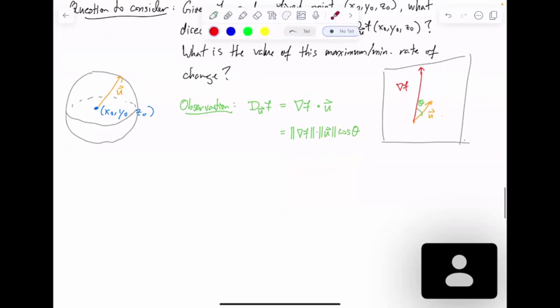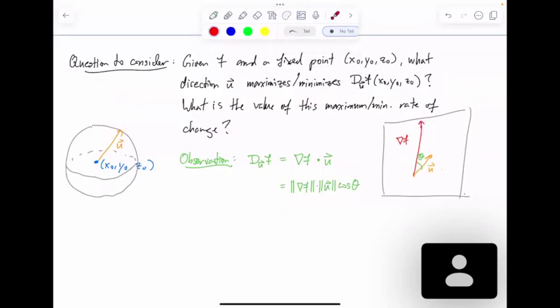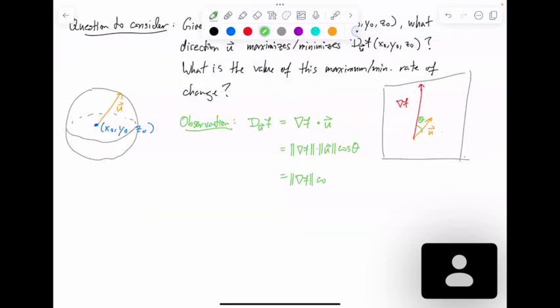So this follows from the dot product rules. And because we're looking at directional derivatives, you're assuming u to be a unit vector. So this is just 1. So this is the same thing as the magnitude of your gradient times the cosine of the angle between your gradient vector and the direction you're considering. What's the largest value cosine theta could take?